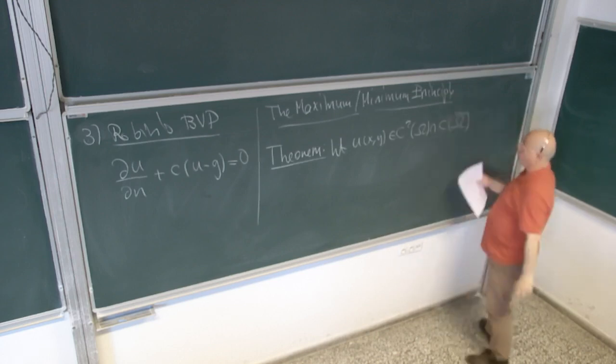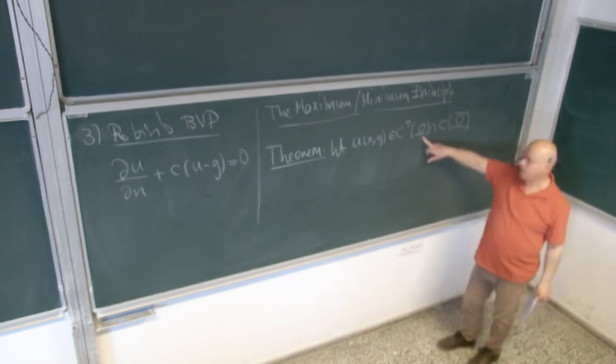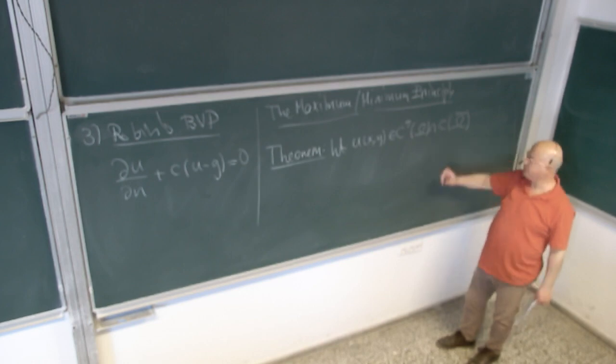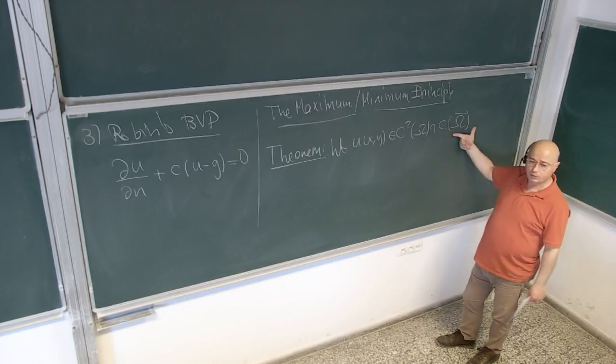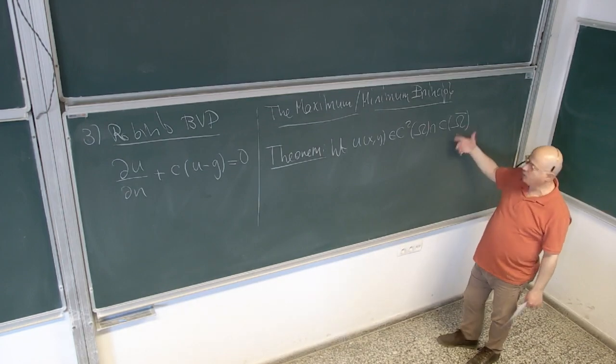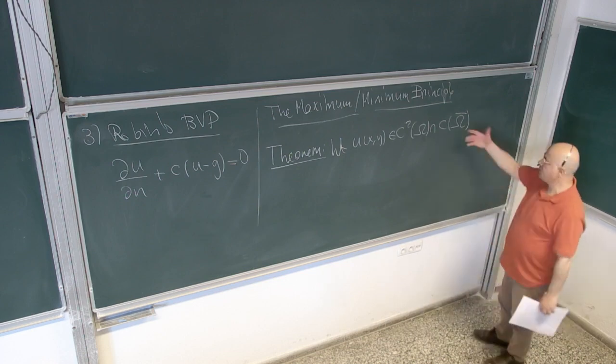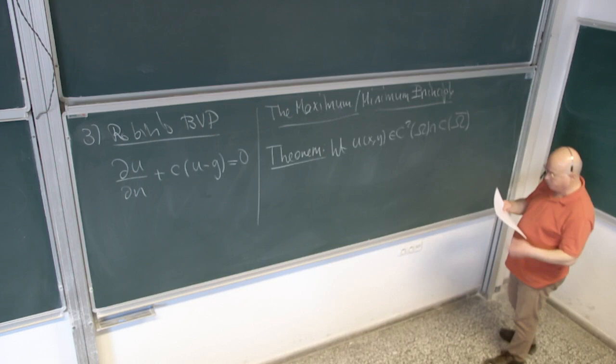This means at interior points it is twice differentiable with continuous second order partial derivatives. At the boundary points, it is only continuous. We don't ask differentiability on the boundaries. It is enough just to be continuous.